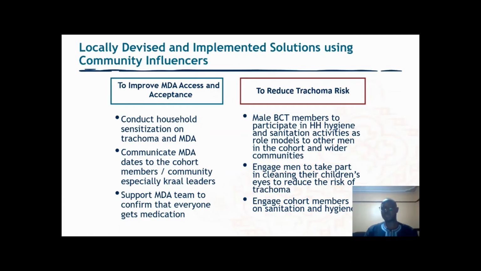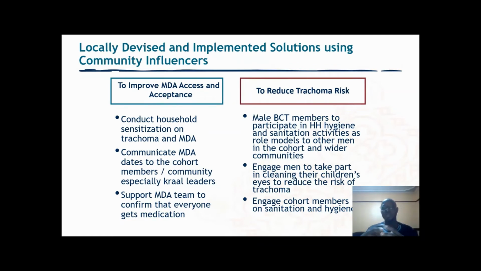And for this, for example, in Moroto, the male behavior change team members participated in household hygiene and sanitation as role models to the cohort members they were directly engaging, but also as role models to the rest of the men in their communities. The influencers also engaged men to take part in cleaning their children's eyes to reduce the risk of trachoma, and also engaged general populations in household hygiene and sanitation.